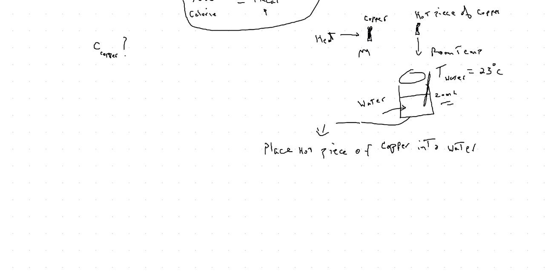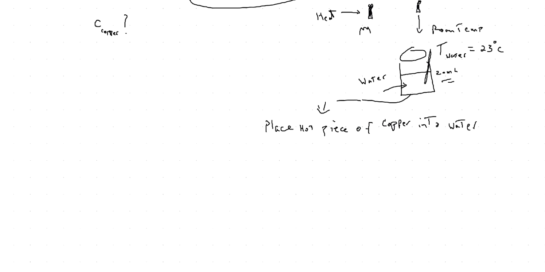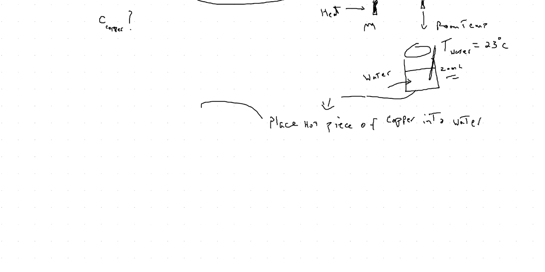Okay. All right. So that's what we're going to do over here. Okay. So here's our water. What did I say? 20 milliliters, whatever we put in. Well, we know the volume of water. That's key. Now we're going to have this hot piece of copper in there.